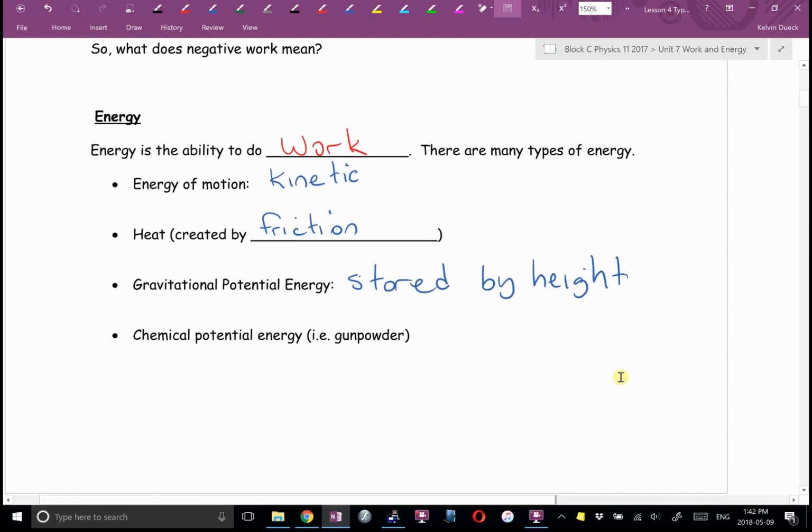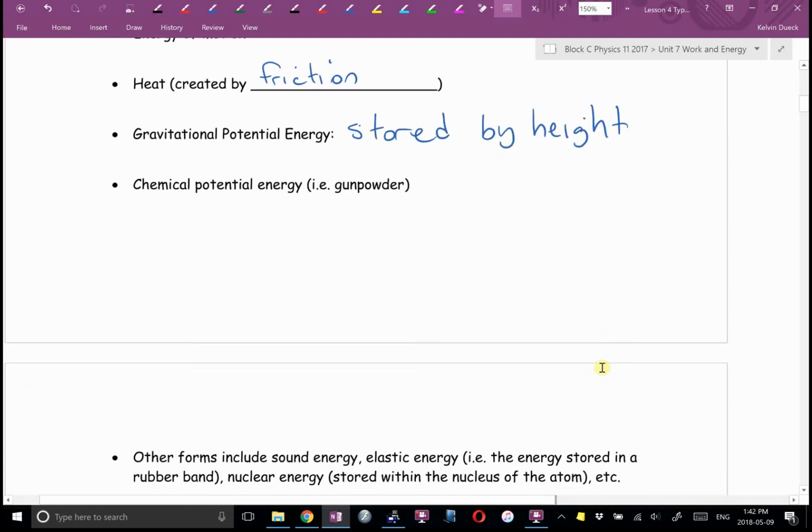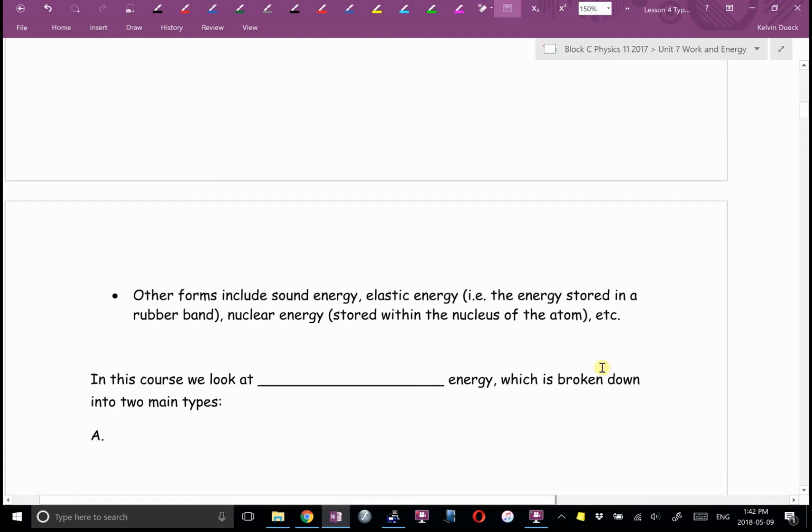Nuclear energy, elastic energy. When I stretch something, I'm doing force times distance. I've done work on this object. I have added energy to the system. How do I know? If I shot this at Brian, when it hit him, it would apply force over a distance. It has energy. Oh, and it would be moving in the middle, so it has kinetic energy as well. Sound is a form of energy. Nuclear energy, that which is stored within the nucleus.